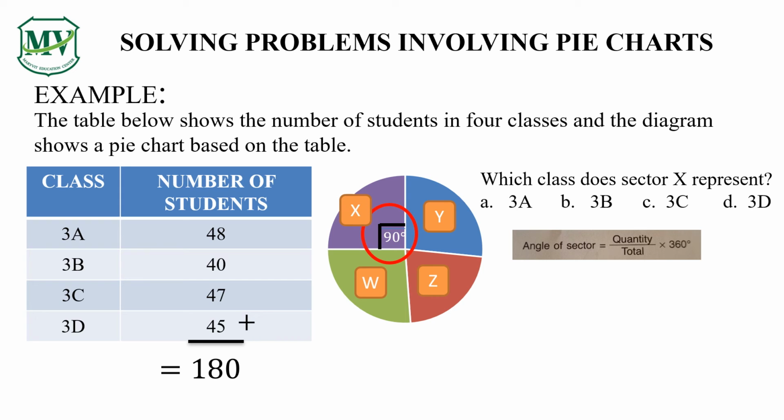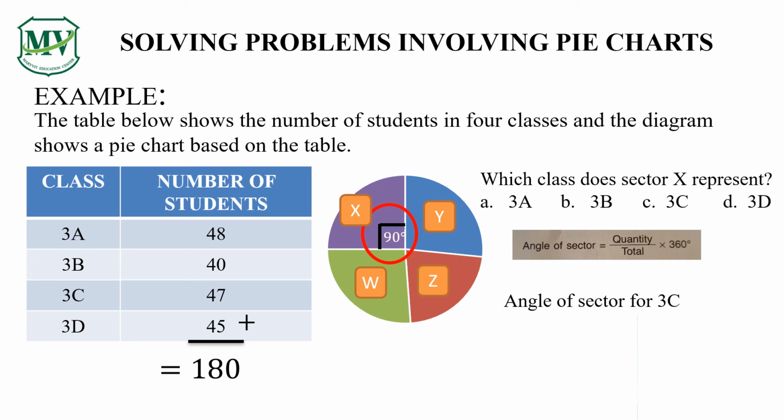Next, let's calculate the angle of sector for 3B. In class 3B, the number of students is 40. So 40 divided by 180 times 360 degrees is equal to 80 degrees. The angle sector of 3B is not equal to 90 degrees. That means class 3B is not the class represented by X. Let's move on to class 3C.